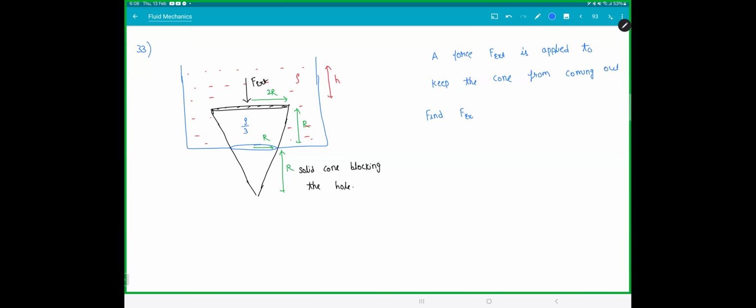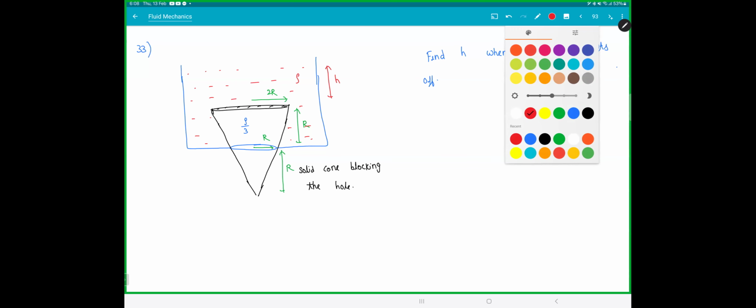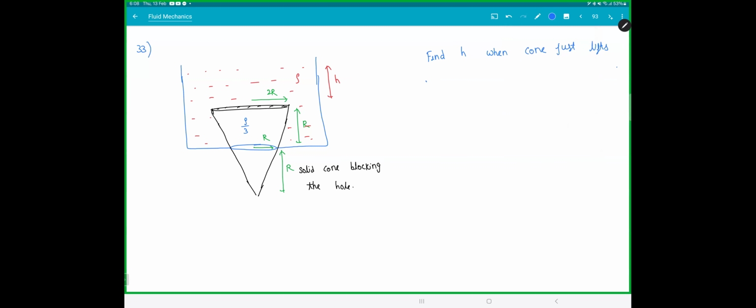There will be a problem, because then the normal reaction will come. You won't be able to calculate that. We'll keep it like this. Find h when the cone just lifts off. Let's say I hope I gave that data right. Yeah, let's see. The process is more important. Data I can always adjust.